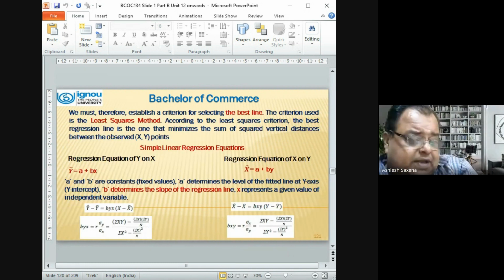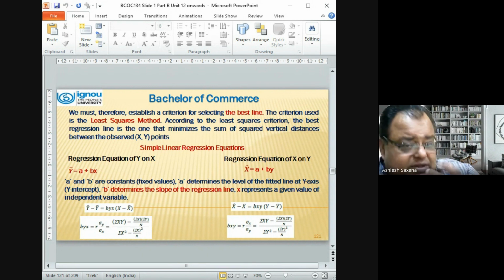We must therefore establish a criterion for selecting the best line. The criterion used is the least square method. According to the least square method, the best regression line is the one that minimizes the sum of squared vertical distances observed between the points x, y. Now, how are these regression equations generated?